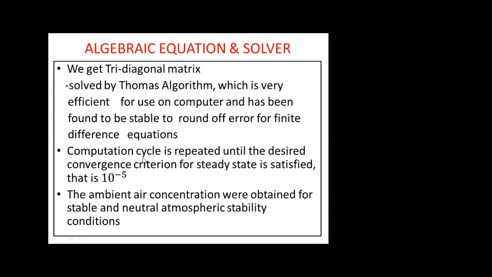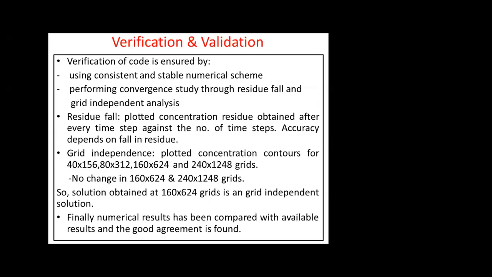So for the computation cycle, 10 raised to minus 5 is considered the ideal steady state here, and the ambient air concentrations were obtained for only 2 atmospheric stability conditions, which I discussed earlier. So verification of the code has been done, consistency analysis is done, the convergence study has been done, and the residue fall is studied.